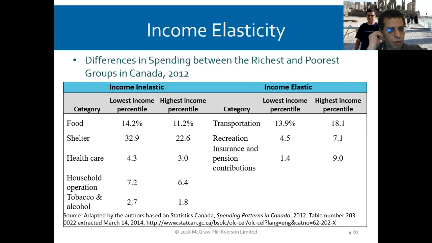This is only a general thing, and you need to take a look at it and compare, usually, the percentage of food in how much they spend, high income versus low income, and how much of their income is spent on shuttles, low income versus high income.